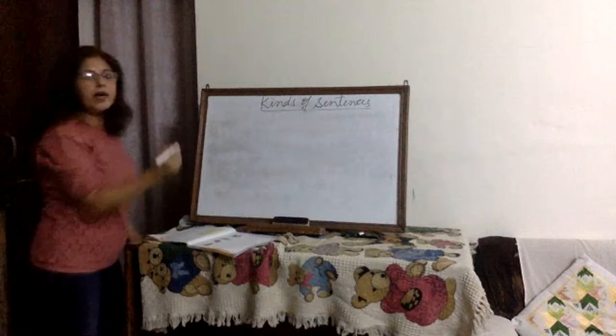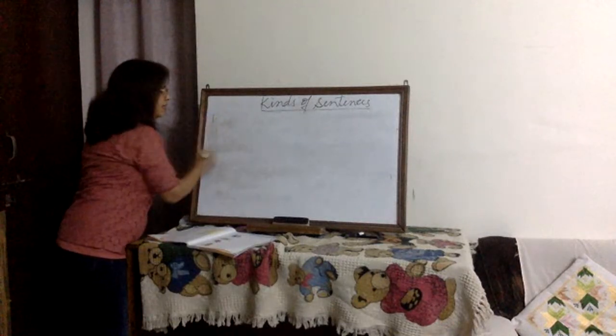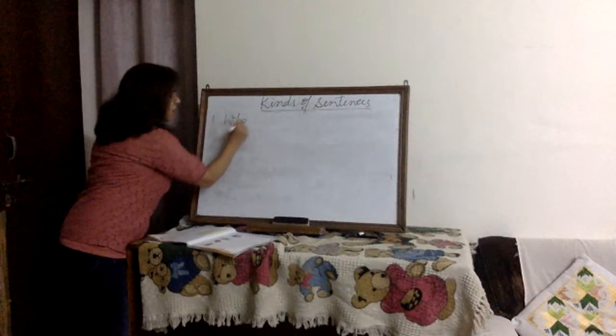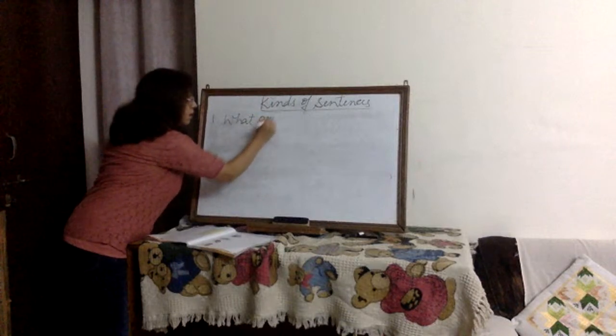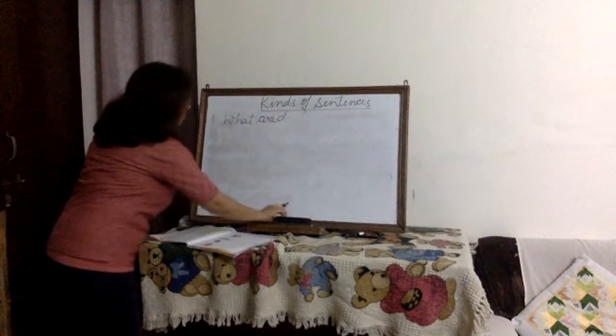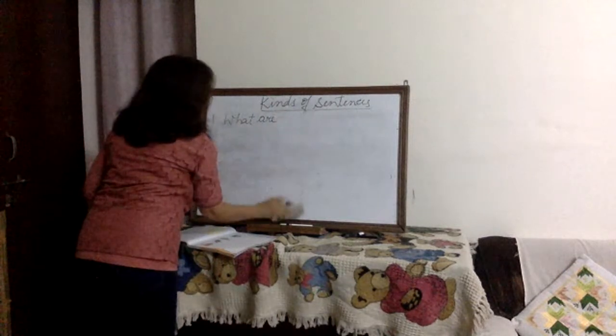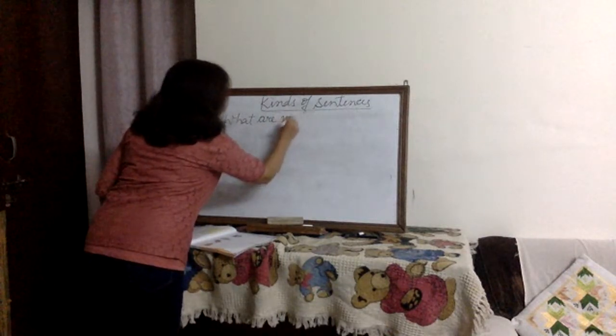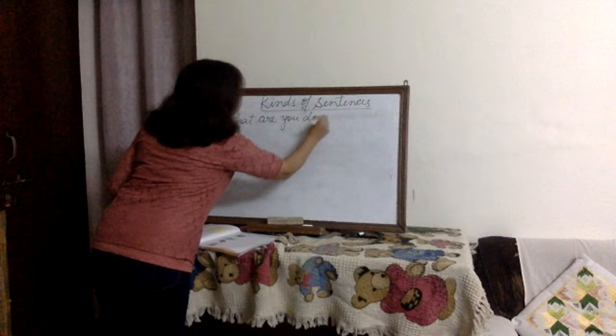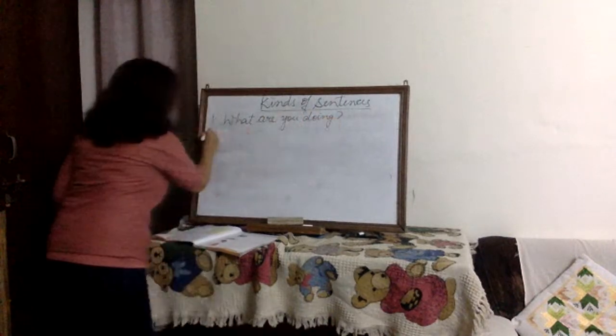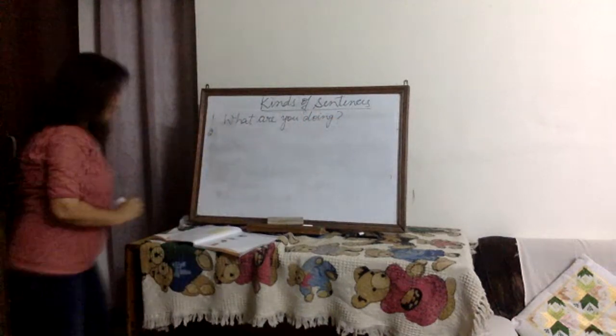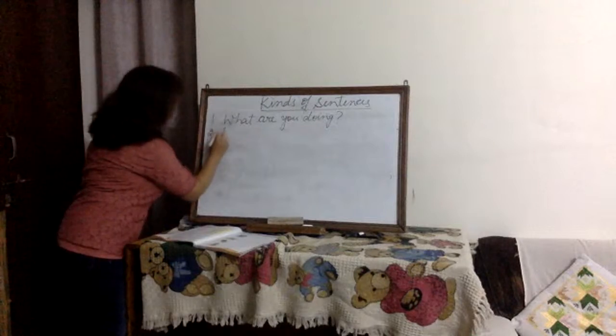Number 1, what are you doing? Very simple sentence. What are you doing? Number 2, he's a man of courage.